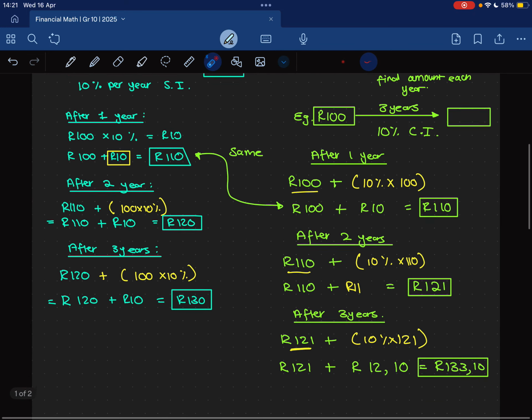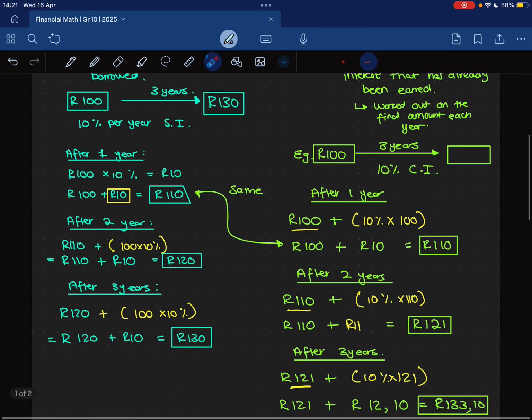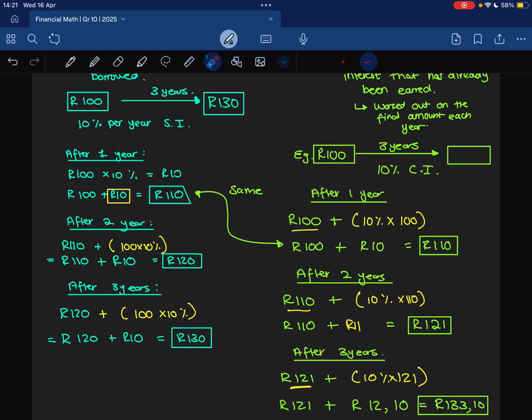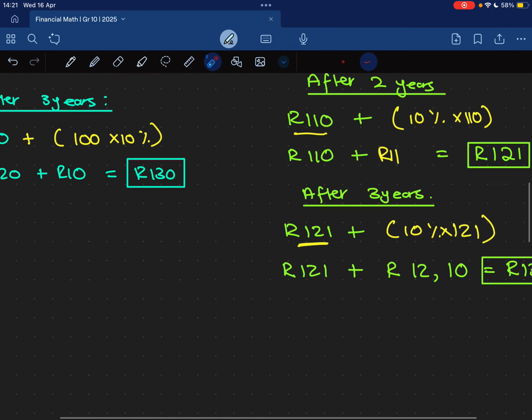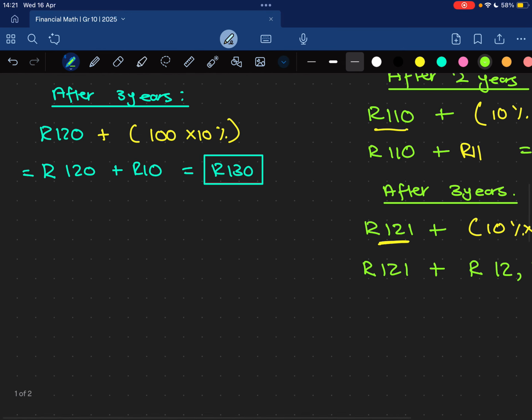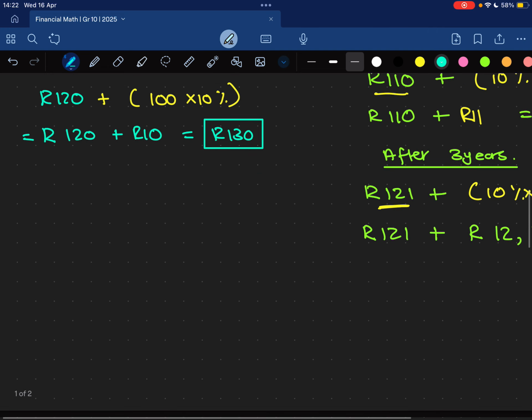But if we think about calculating it like this, it's quite long to calculate it after every single year. And for long-term investments like 20 years, we can't calculate it 20 times. That's just going to be too tedious. So there are equations that you learn in order to work these interest rates out.